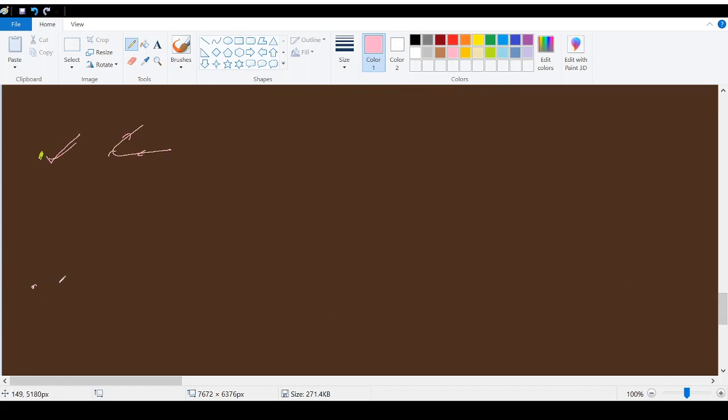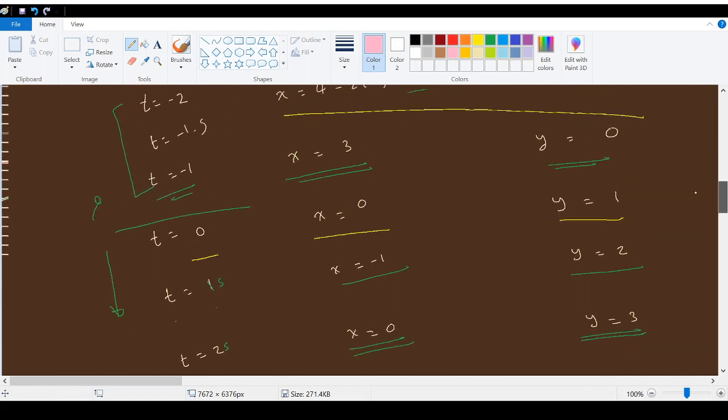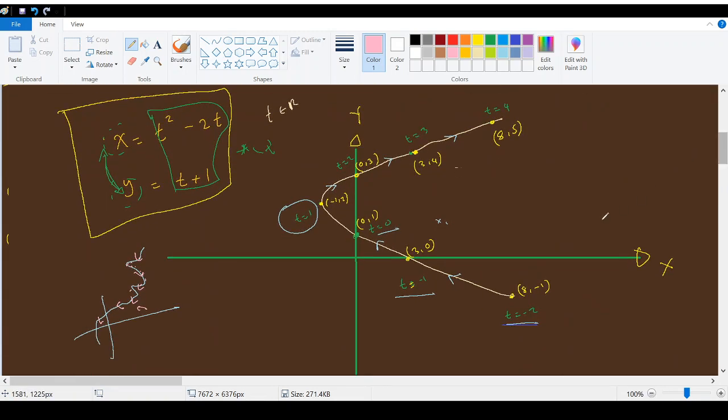And the third point is about restricting the values of t. So now we saw that in this graph we started t from -4, right? And we started t from -2 and we went up to t equals 4, right?